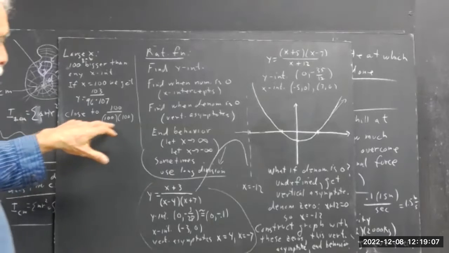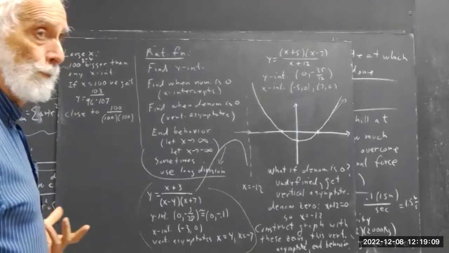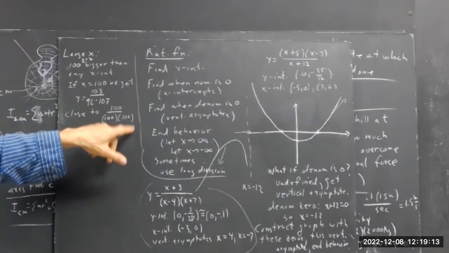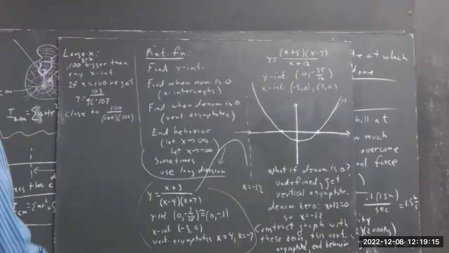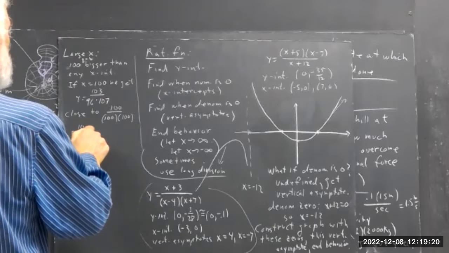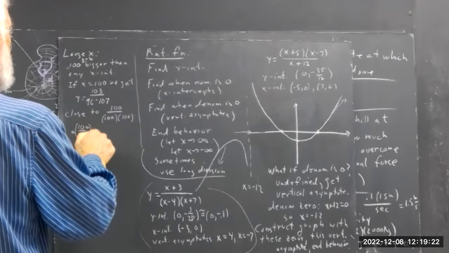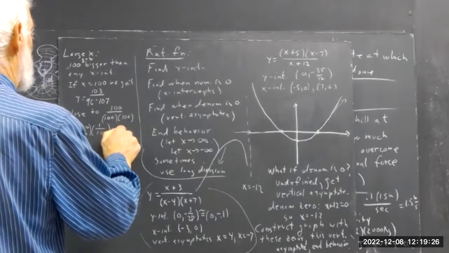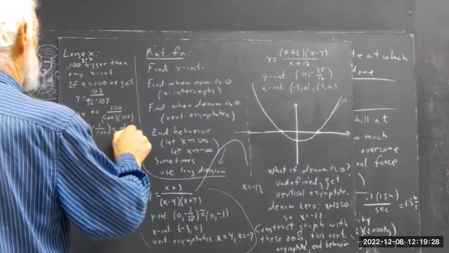Now you might want to multiply 100 by 100, but I wouldn't do that. Now that you have the same numbers here, here, and here, you can write that as 100 over 100 times 1 over 100. That's just 1 over 100.